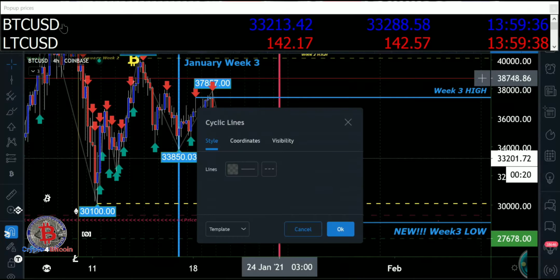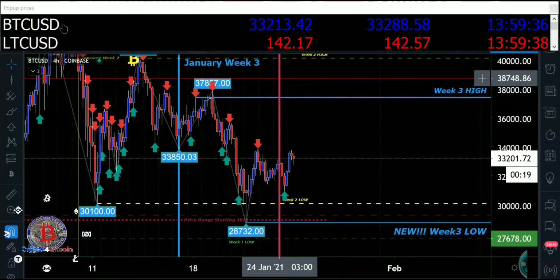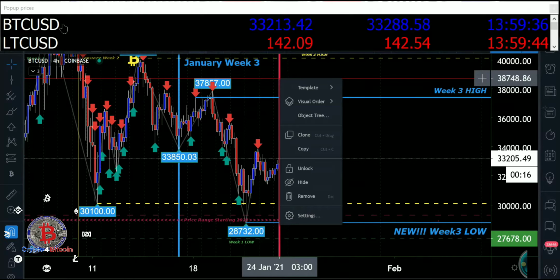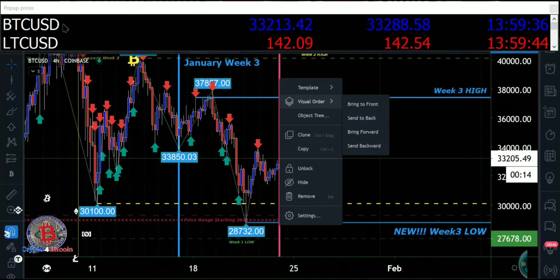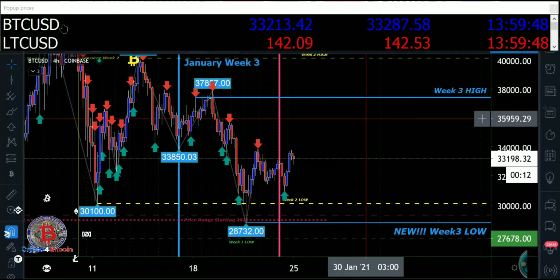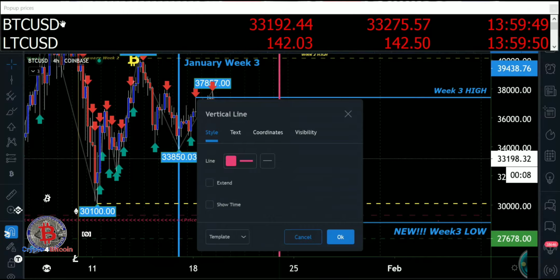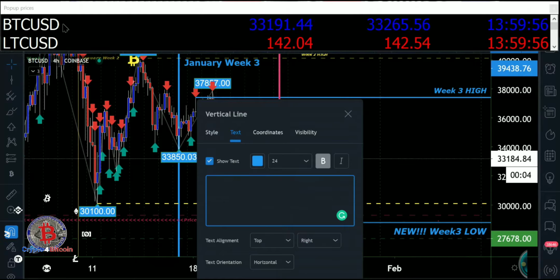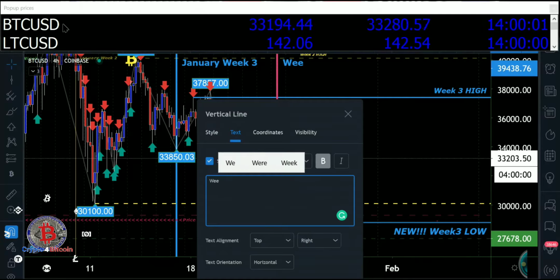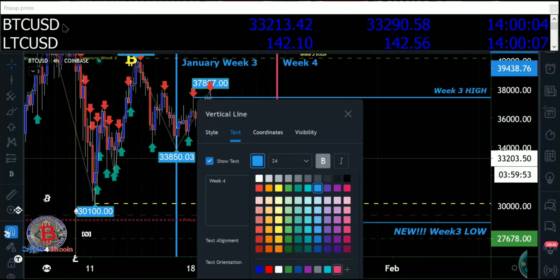Cycle line, no. Visual, I've got to send the cycle line to the back. So now I'm going to just do this real quick. Week 4, make it pink.